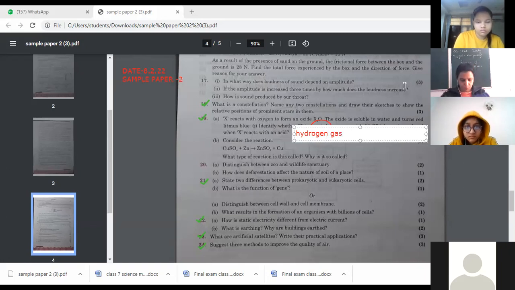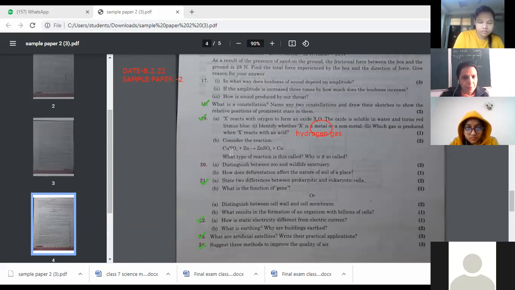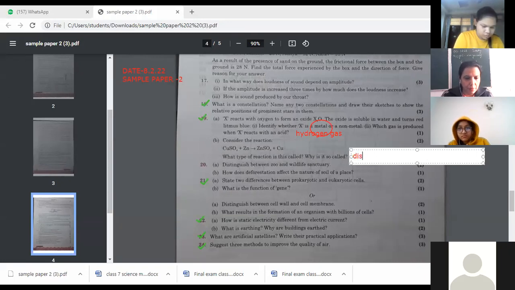Hydrogen gas is produced. Next, consider the reaction: copper sulfate plus zinc gives zinc sulfate plus copper. Can you tell me what type of reaction this is? Which type of reaction it is?